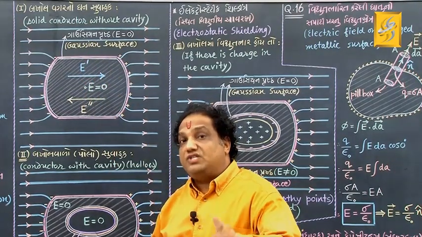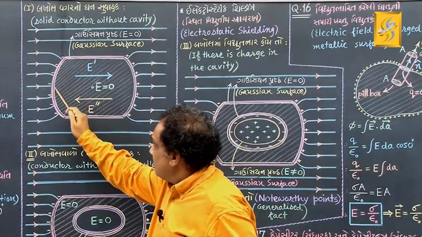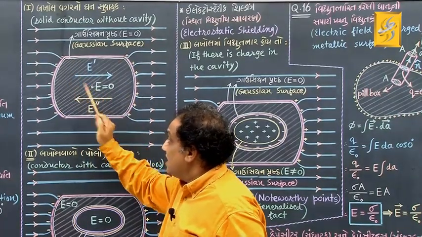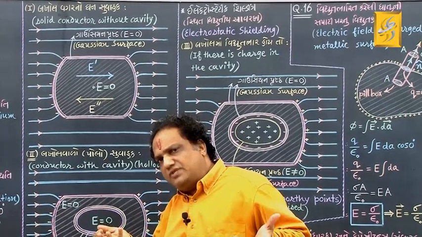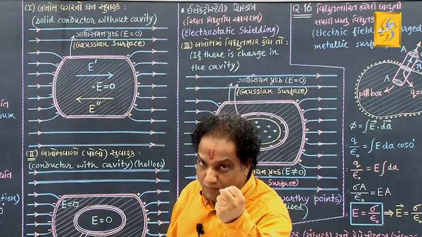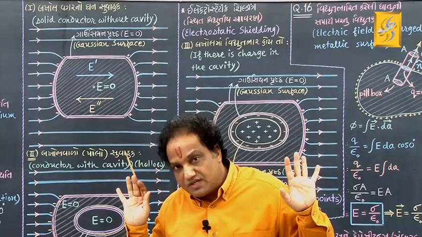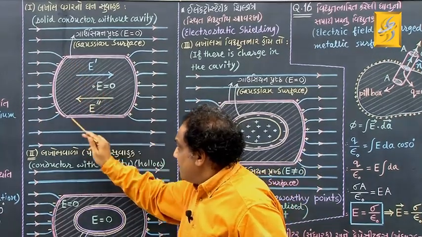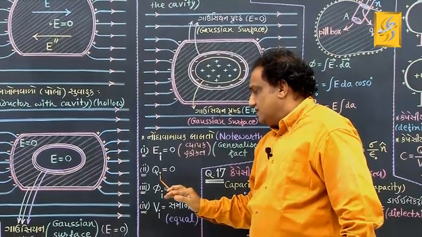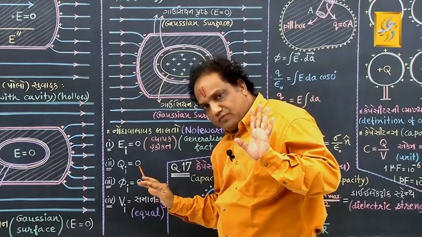It does not have any charge enclosed inside, because inside this Gaussian surface you will find plenty of neutral atoms, and when all the atoms are neutral, there is no charge, correct? Whatever is the quantity of positive charge, the same is the quantity of negative charge, so there is no net electric charge. So inside this Gaussian surface, the enclosed charge is 0.